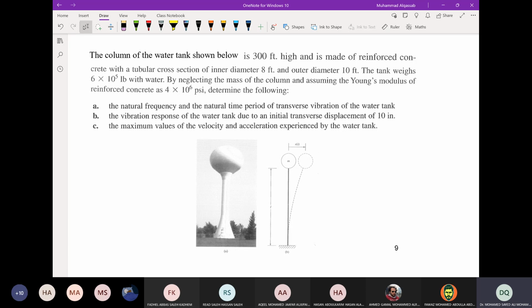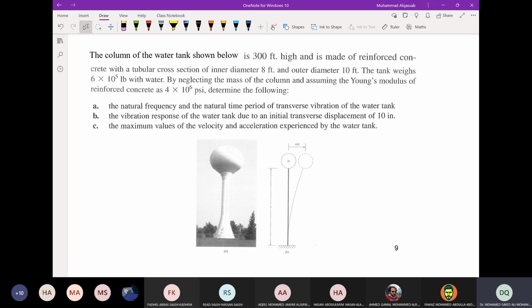By neglecting the mass of the column and assuming the Young's modulus of reinforced concrete as 4 times 10 to the power 6 psi, determine the following: A, the natural frequency and natural time period of transverse vibration of the water tank; B, the vibration response of the water tank due to an initial transverse displacement of 10 inch; C, the maximum values of the velocity and acceleration experienced by the water tank.